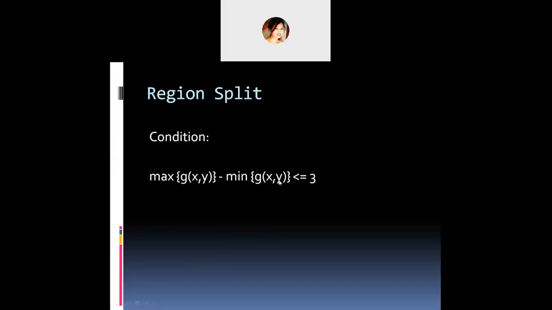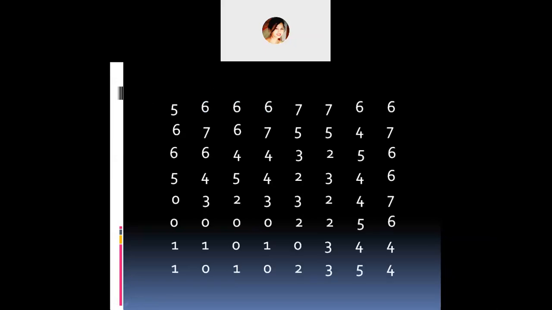After that we take the difference between those two values and check whether it is less than or equal to 3. If it satisfies this condition, then it is split, or else it is kept as it is. We'll see this with an example here.